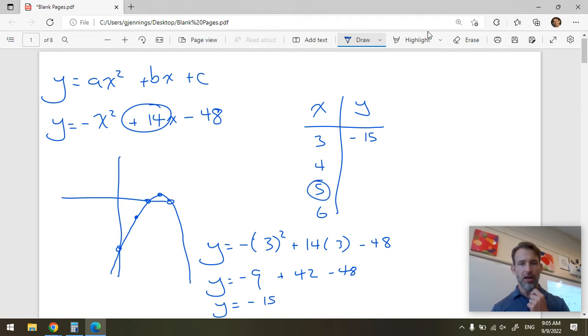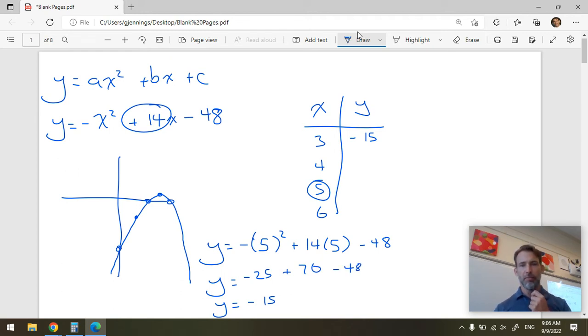So let's try the point 5. So I can substitute 5 in there for x. Minus 5 squared plus 14 times 5 minus 48. So this will be equal to minus 25 plus 14 times 5, which is 70, minus 48.